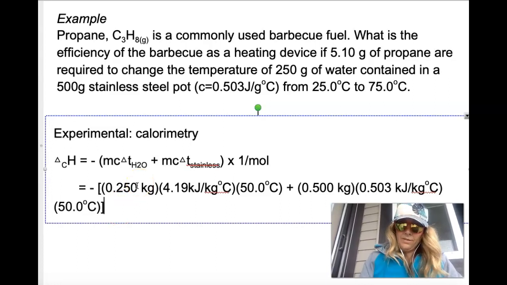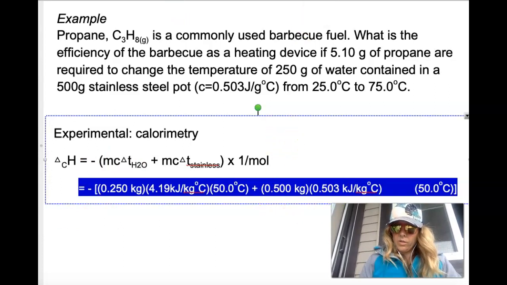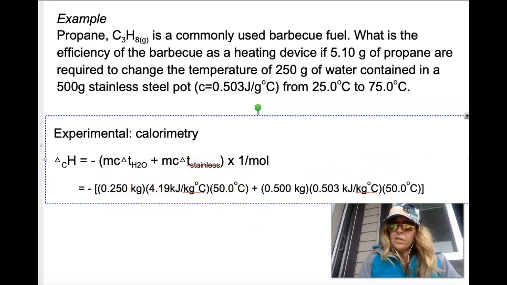Okay. All right, so all of that is taking care of that first set of data. Let me just make that smaller to try to get it to all go across the screen. Of course, now all that spacing shows up. Okay, so there's the MC delta T of the water. There's the MC delta T of that stainless steel pot.